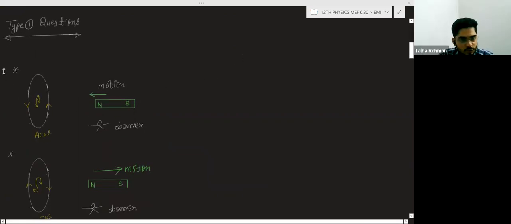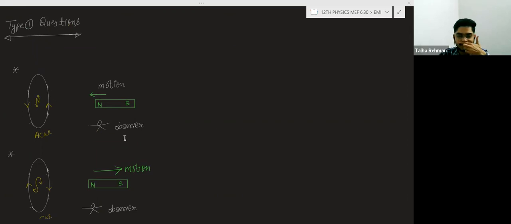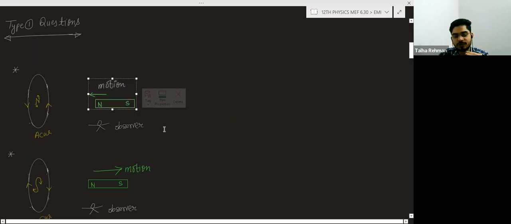So I think now you can solve these types of questions. Basically, you should focus on stopping the motion of the magnet, because the motion of the magnet is responsible for the change in flux with respect to this coil.